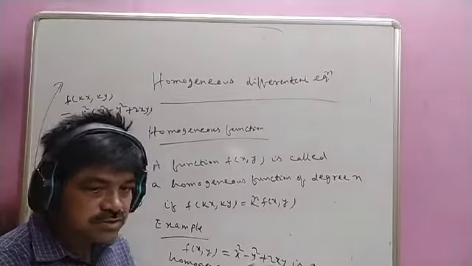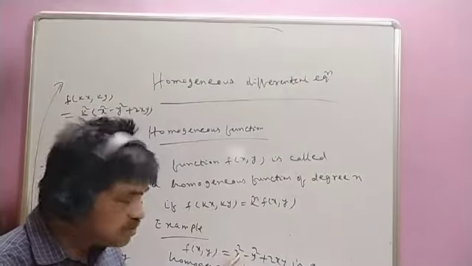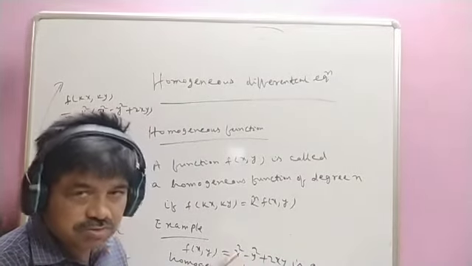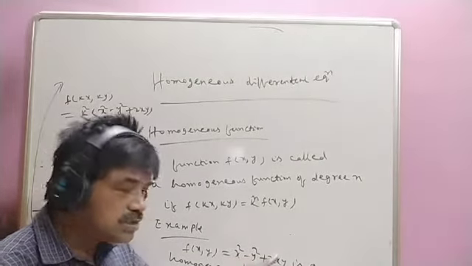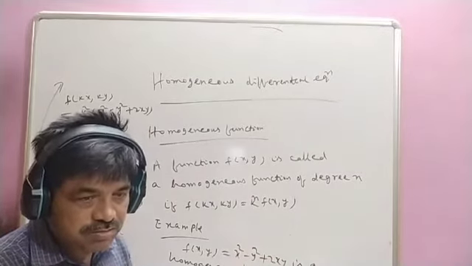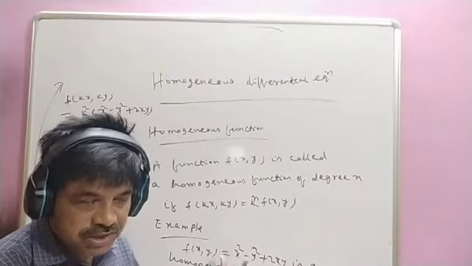Here there are 3 terms. In the first term, x power 2, no y means y power 0, so 2 plus 0 is 2. Here x power 0, y power 2, 0 plus 2 is 2. Here x power 1, y power 1, so 1 plus 1 is 2. So in every term the sum of the powers of the variables is 2, so straight away you can say it is a homogeneous function of degree 2.